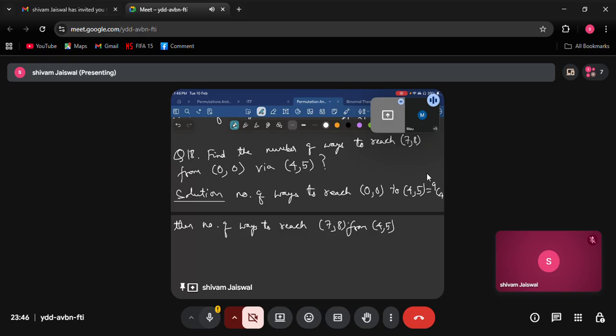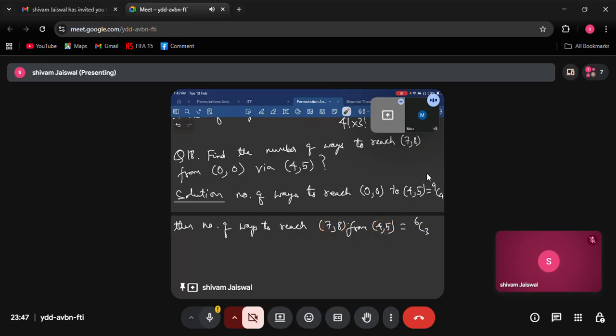So how many horizontal paths do you need? Whatever the number, you take the total 7 plus 8, 15. 15 minus 9, 6. So it will be 6C3, 7 minus 4 is 3.